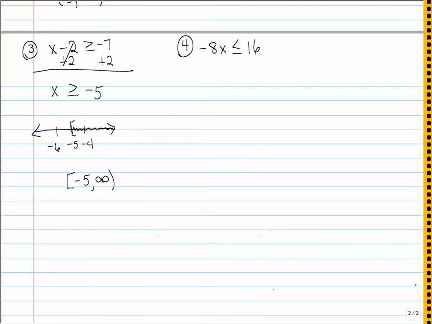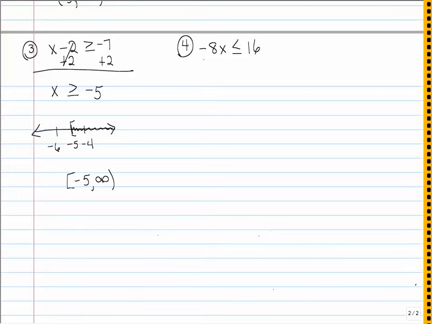Or if it's less than or equal to, you have to make it greater than or equal to. If it's greater than, you have to make it a less than. Anytime you divide each side by a negative, that's when you flip it around. If you divide by a positive, you don't change it. Only when you divide by a negative.